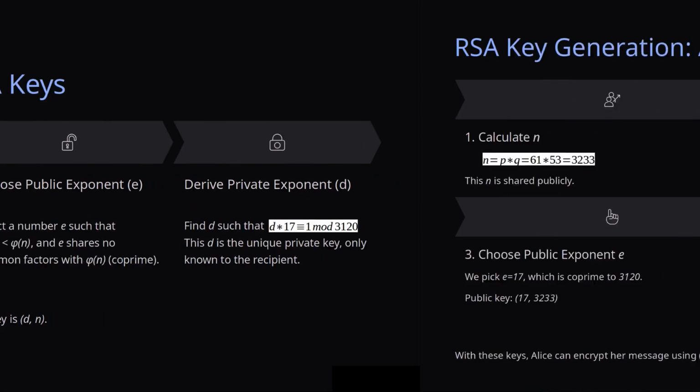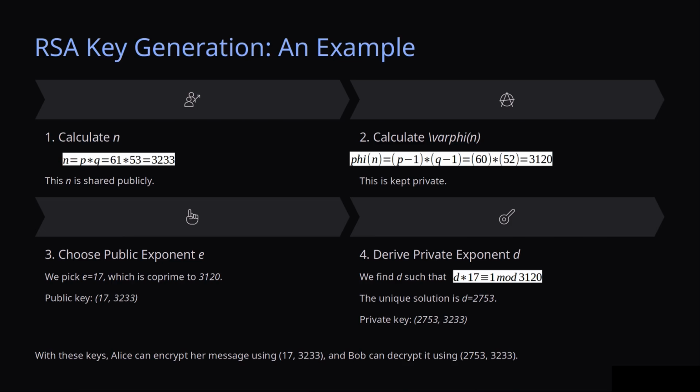So if we go back to our example of sending the message hello, we first calculate n. n is p times q, which we chose as 61 and 53, since they are coprime to each other. This is equivalent to 3233. After that, we calculate phi of n.